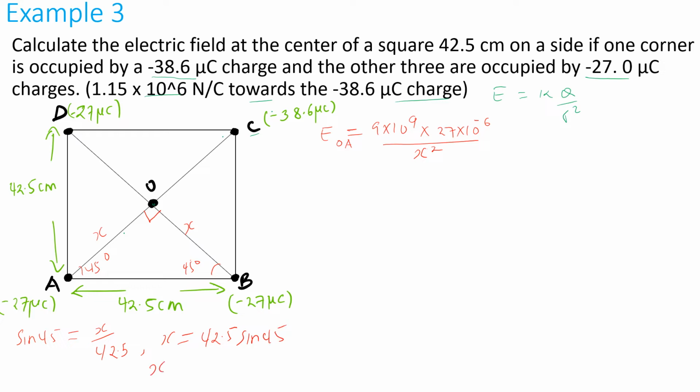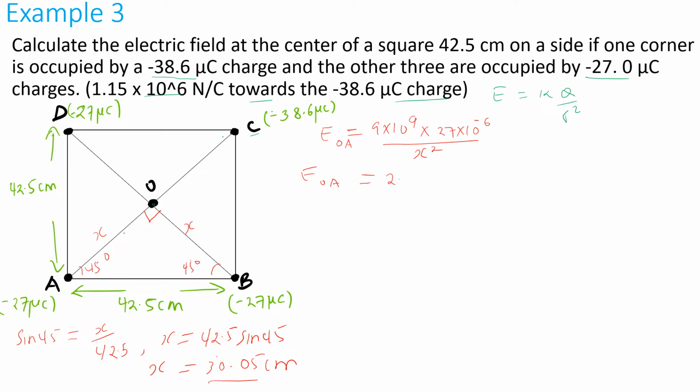Remember sine 45 is 1 over root 2, so you can write this as 42.5 divided by root 2, which is the same as 30.05 centimeters.